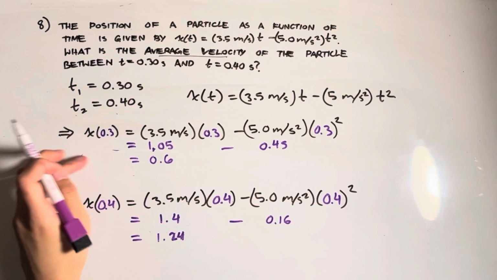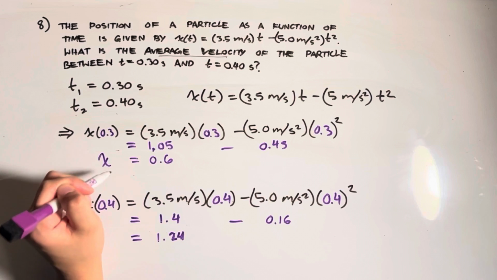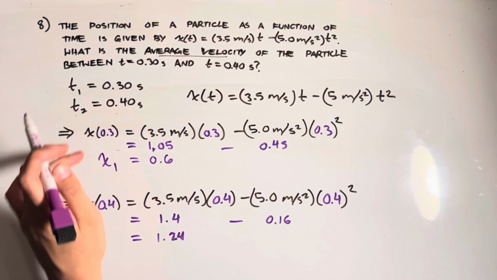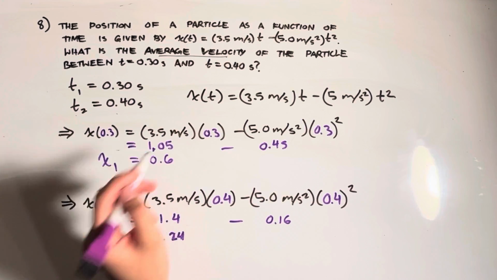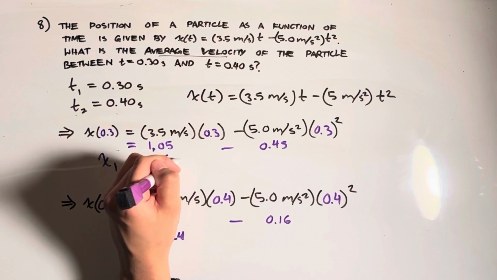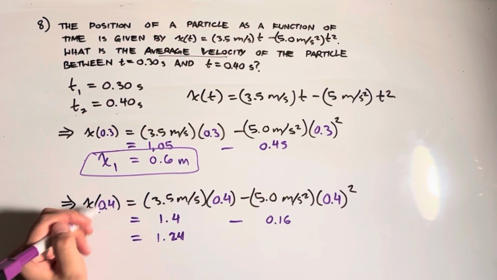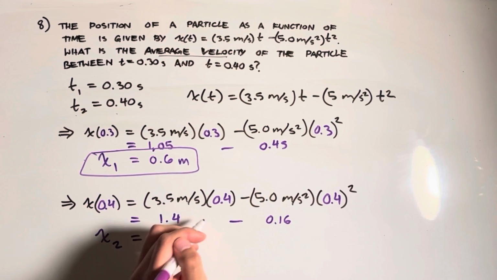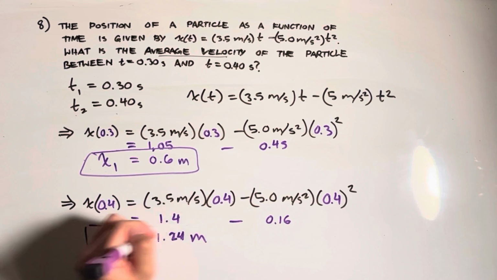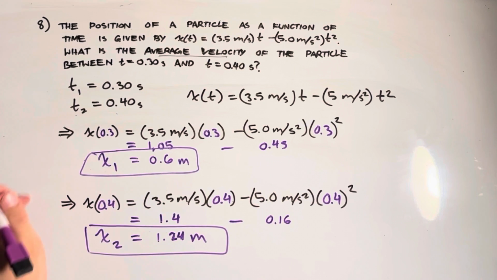And now we know that x1, after plugging in time 1, is 0.6 meters. For x2, we have 1.24 meters. So this gives us our displacement, and we'll plug that into our next equation.